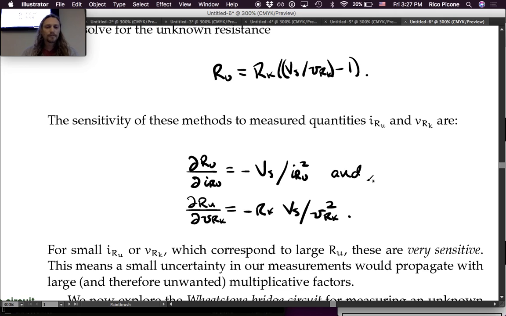Now, for small IRU or VRK, which correspond to large RU, these are very sensitive, okay?